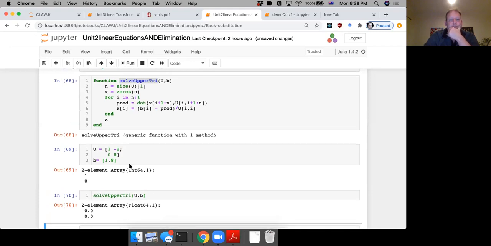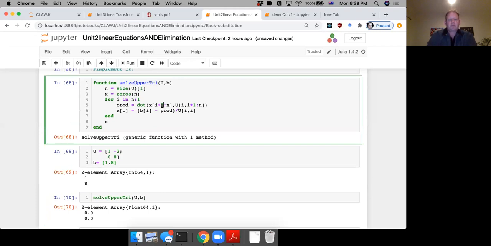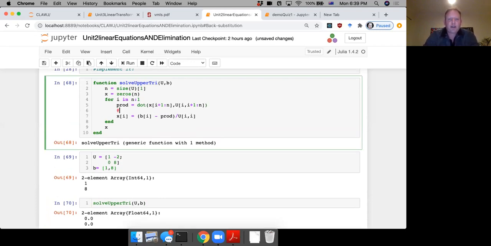What went wrong? First of all, let me just do. Yeah, are we in the right one? I think so. Solve upper triangular. Okay, why is it 0, 0? So let's think before we look further. Let's actually just show the prod.